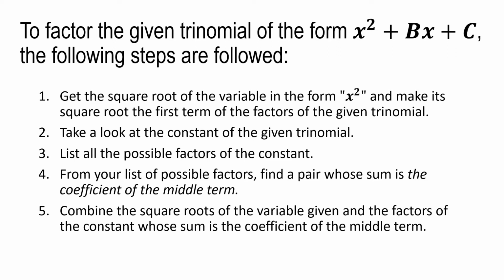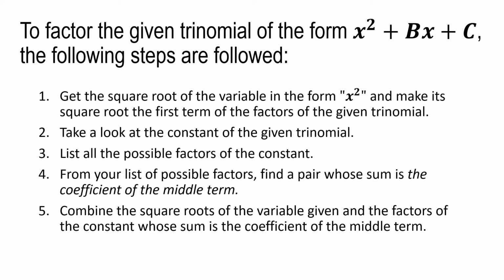So first, get the square root of the variable in the form x squared. Make its square root the first term of the factors of the given trinomial. Number 2, take a look at the constant of the given trinomial. Number 3, list all possible factors of the constant.